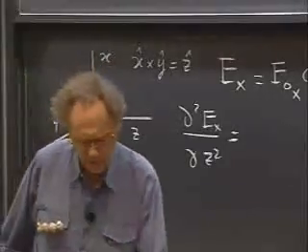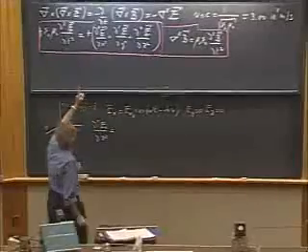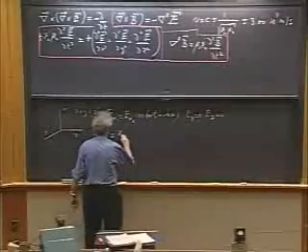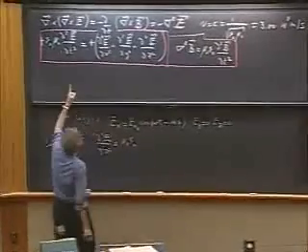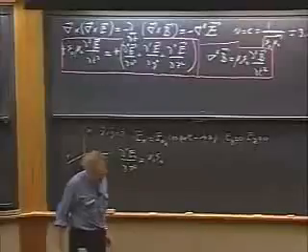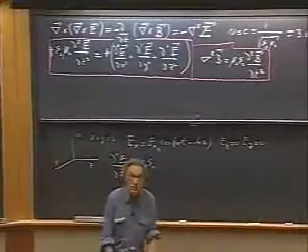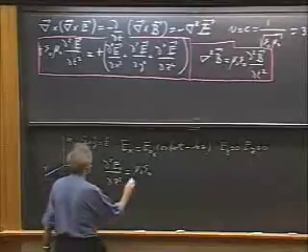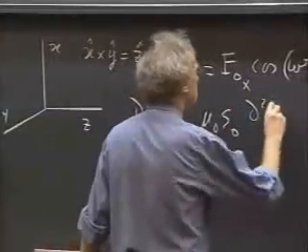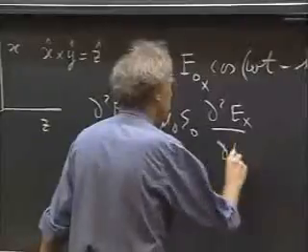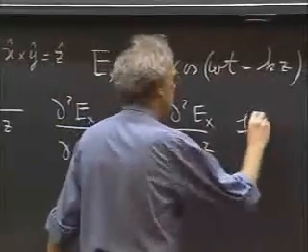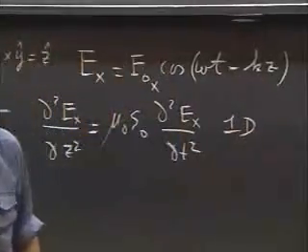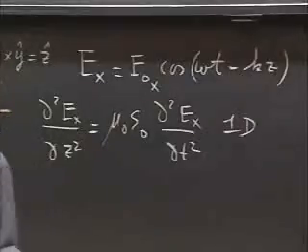And that then becomes mu 0 times epsilon 0. And when you take the d2E dt squared, only one term survives, because there is no Ey, there is no Ez, and so this now becomes d2 Ex dt squared. So this is now a one-dimensional wave equation. I started easy.